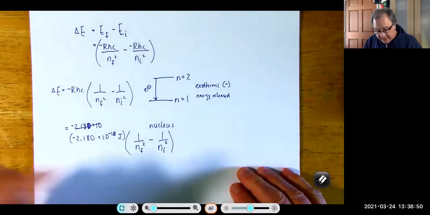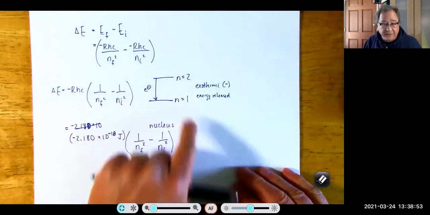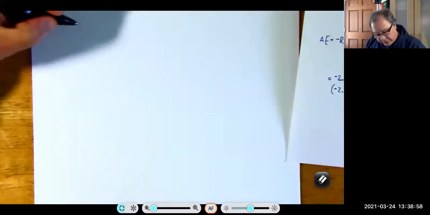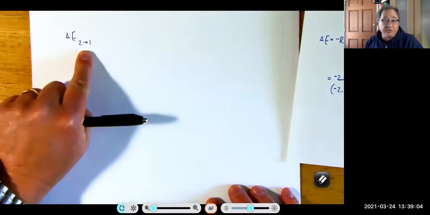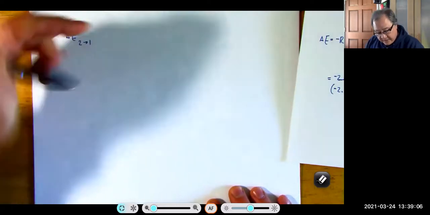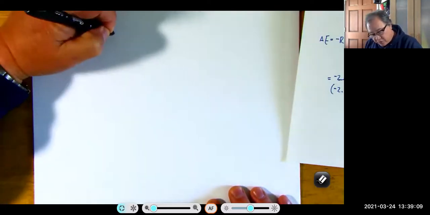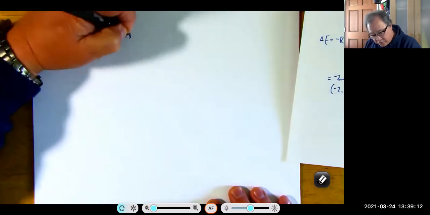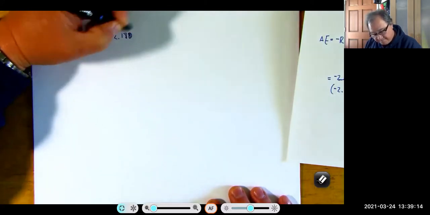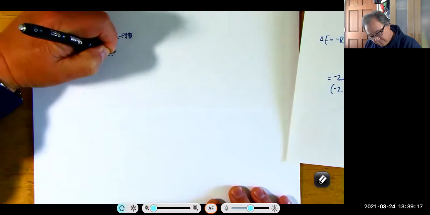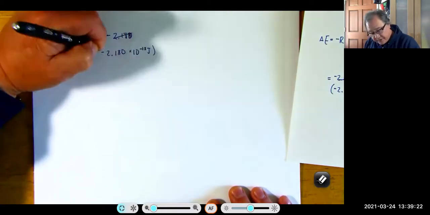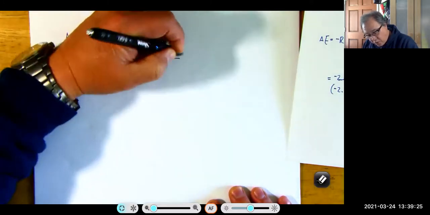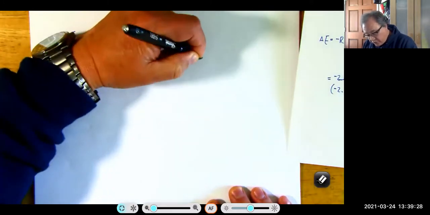So let's calculate the energy change for going from 2 to 1. So change in energy, and I'm going to put 2 to 1 here so that we know we're going from 2 to 1. And that's going to be negative 2.180 times 10 to the minus 18 joules times 1 over 1 squared minus 1 over 2 squared.